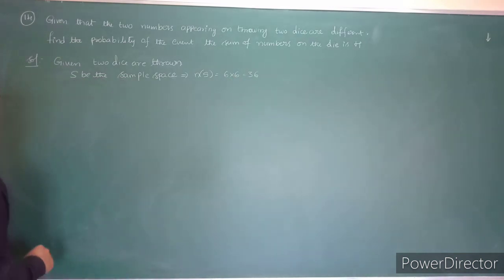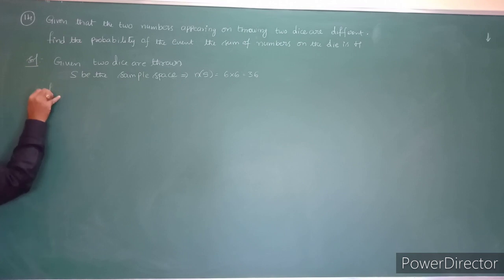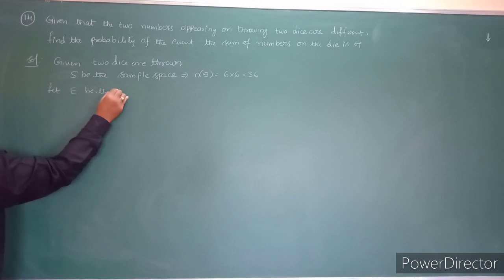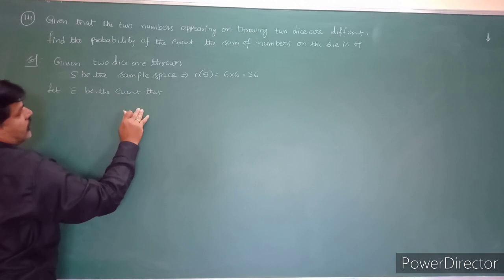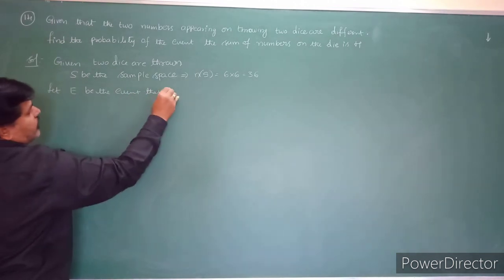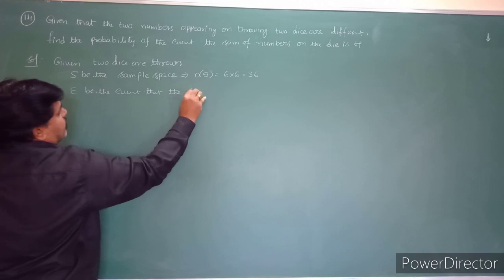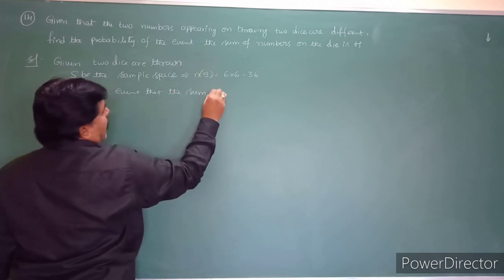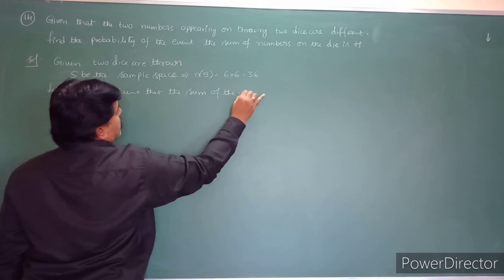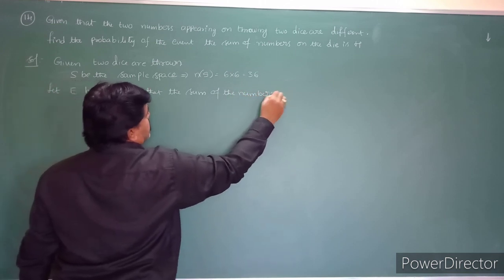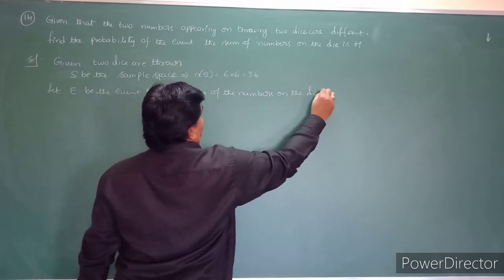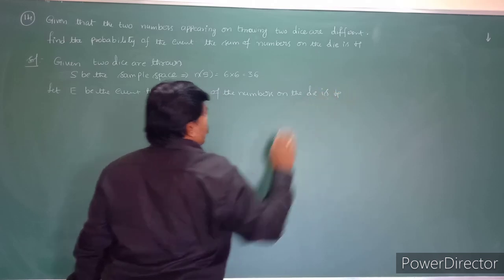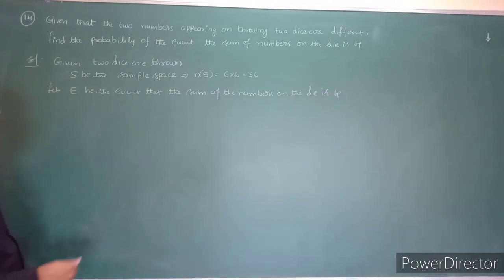Next, let E be the event that the sum of the numbers on the die is 4.